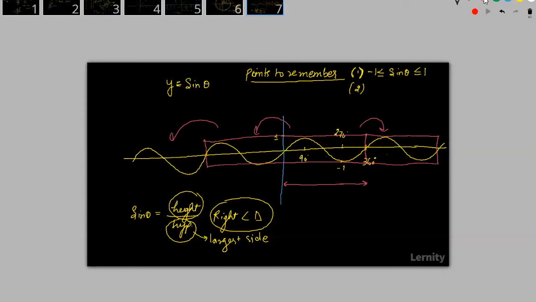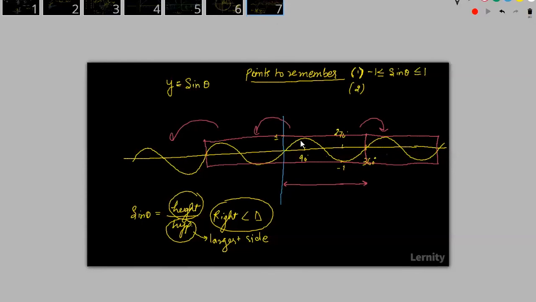So I can say that I can form the sine curve by taking only one portion and I can copy paste. If I want to take this portion, I can copy paste this one. Or if I want to take this as a box, then I can again copy paste it everywhere.